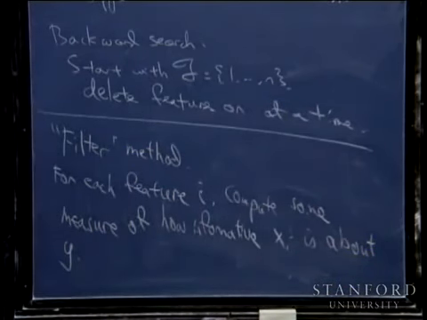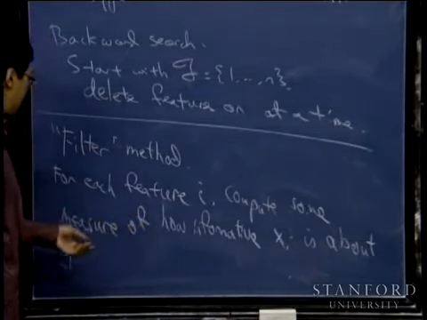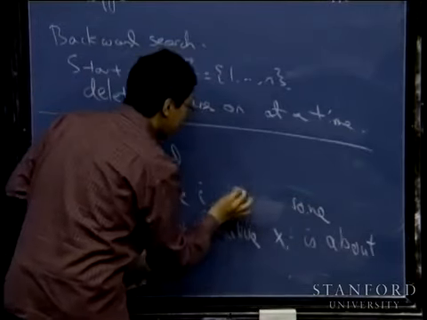Okay. And to do this, we'll use some simple heuristics, say that for every feature, we'll just try to compute some rough estimate, or compute, wow, handwriting is really bad, sorry.